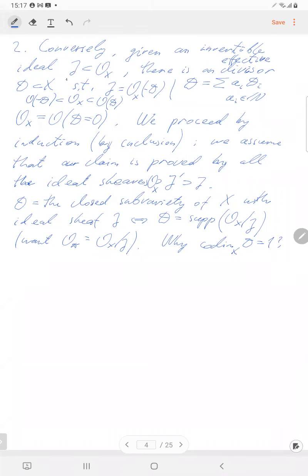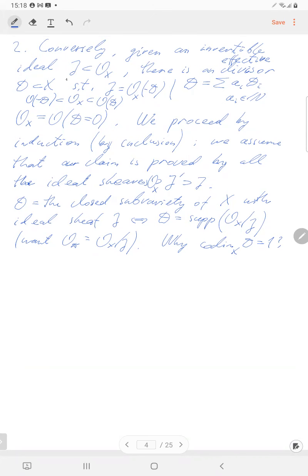In fact, we already discussed this, but let me repeat. Principal ideal theorem. Absolutely, yes.